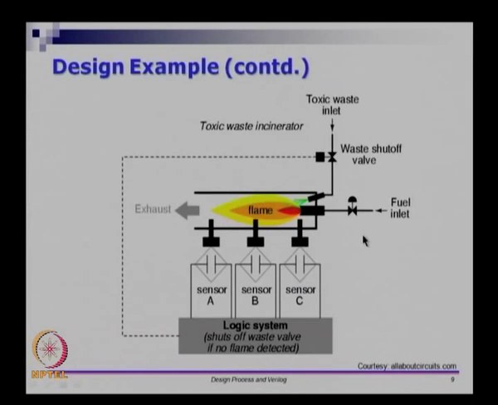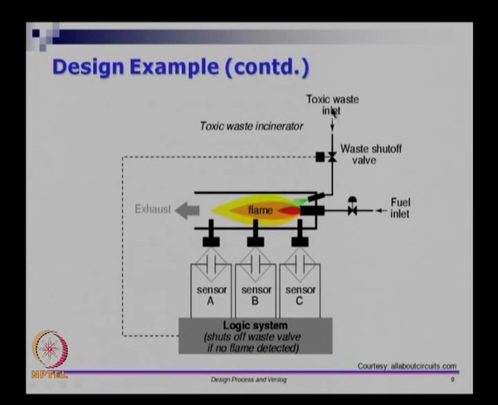So, to do this, just like in one of the earlier examples I showed, I am going to put various sensors. Let us assume that I put 3 sensors A, B and C. The job of this sensor is to figure out if the flame is there or not. So, again like I said, the flames could go off due to various reasons. Maybe there is no fuel, or there was a power cut, it could be various things.